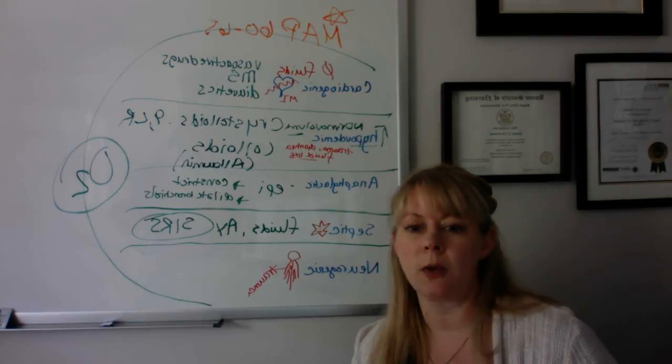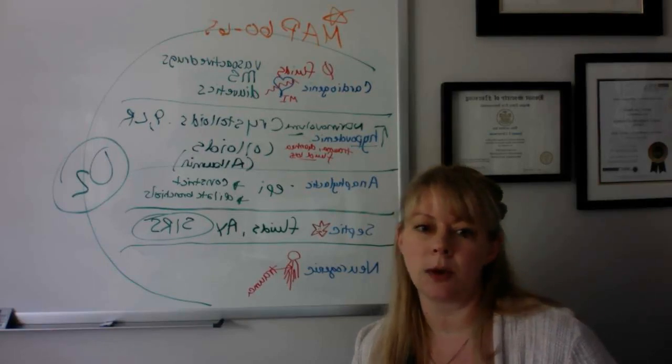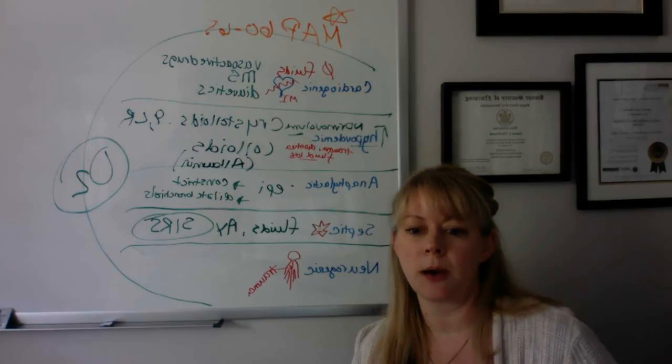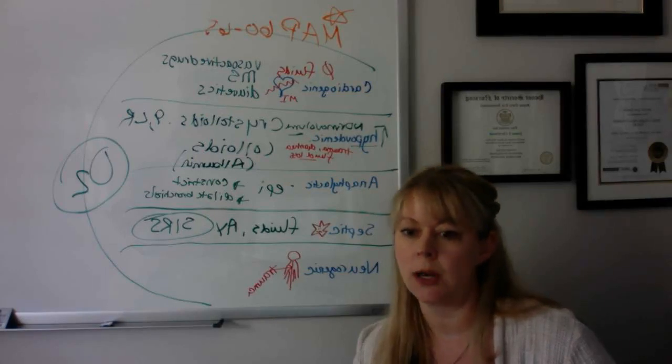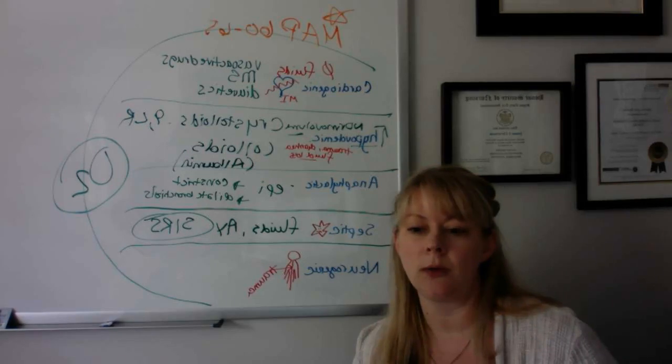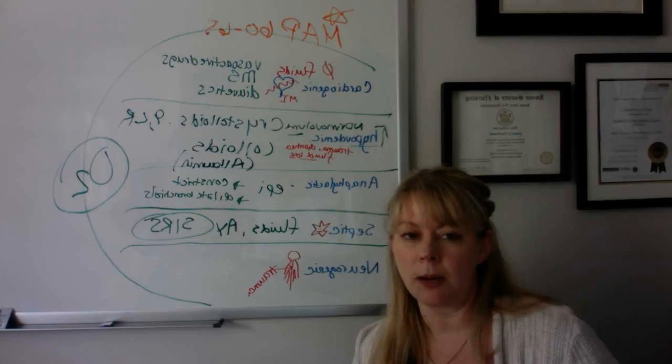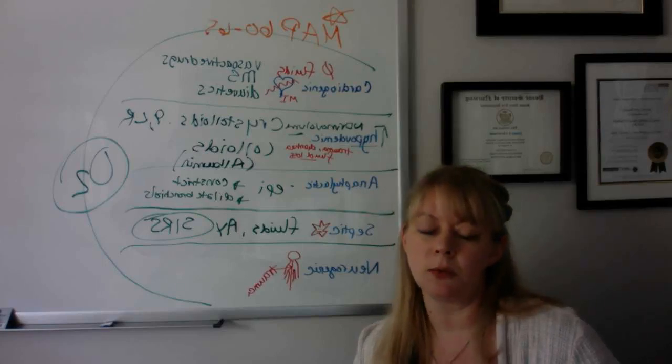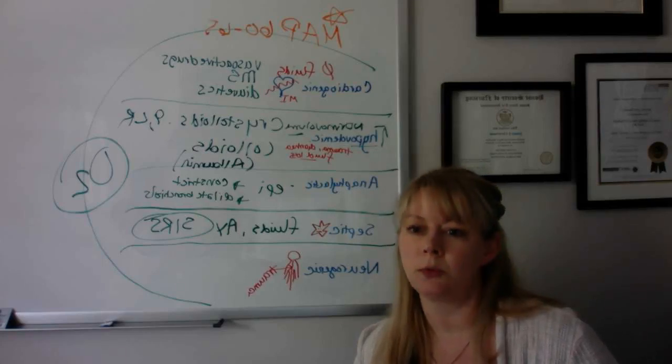Now with relative shock, you may not be losing blood at all, but yet it's called relative hypovolemia because you have an imbalance in fluid volume versus your blood volume. You have electrolyte imbalance due to lack of renal perfusion or tissue perfusion in any of your organs. So with absolute, you want to increase the volume by giving fluids. But if you have relative hypovolemia or relative shock, then you give vasopressors.